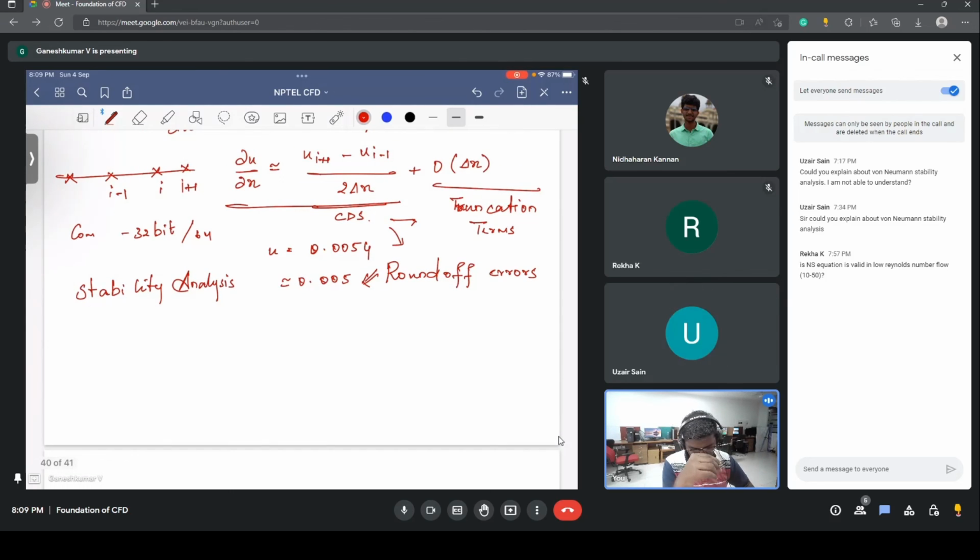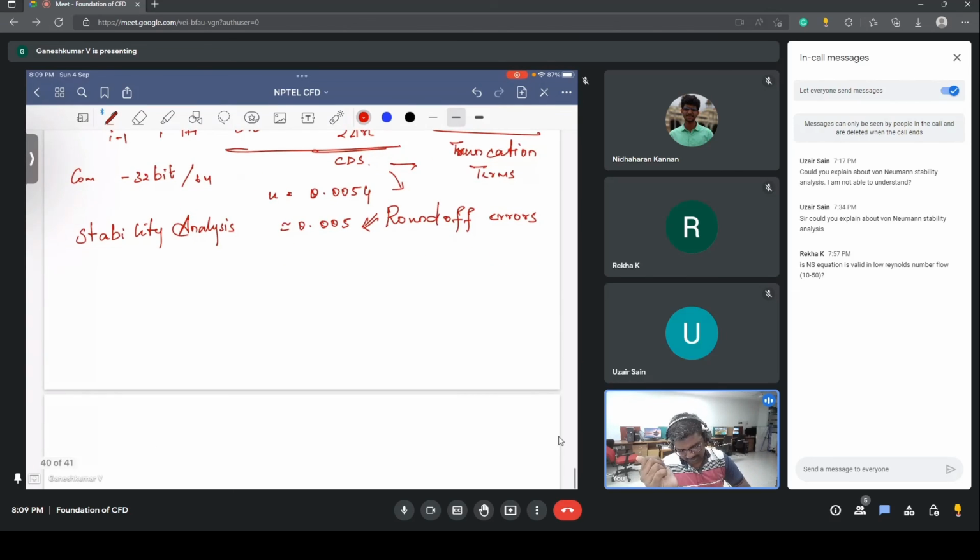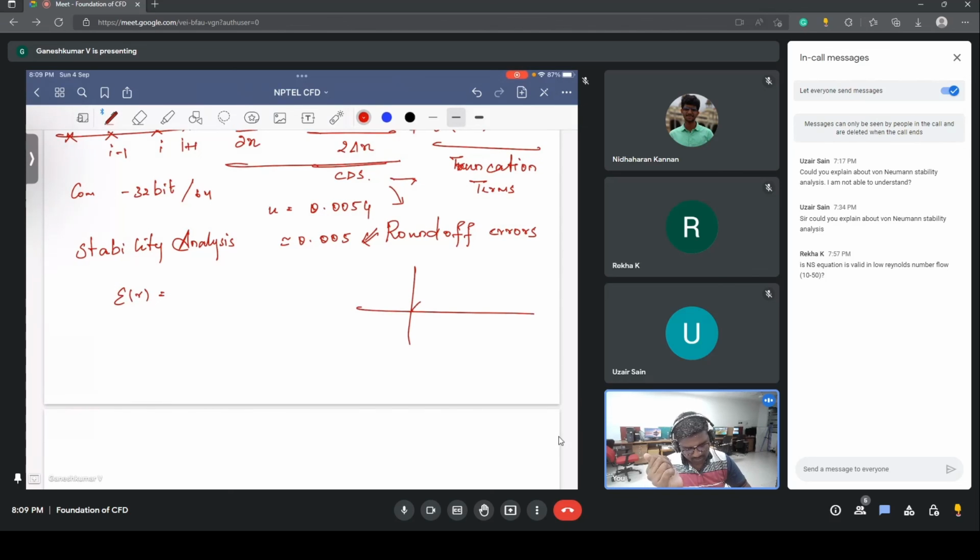Stability analysis is done to understand whether error grows or decays, and there are different ways of doing it. One is von Neumann stability analysis, where they consider the error term to be some Fourier distribution. Error can vary anywhere: this is i, this is i+1, and this is i-1. So error can be random, any value.